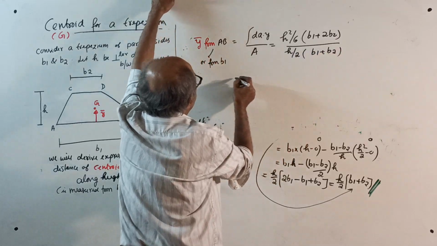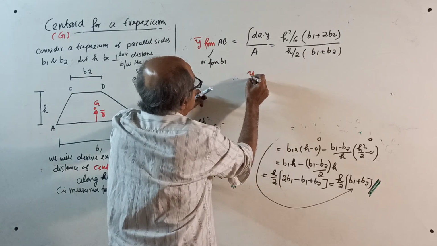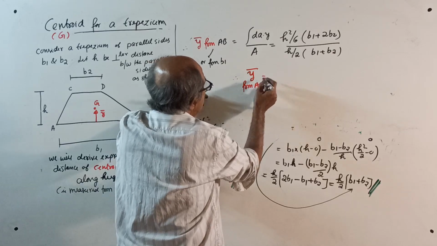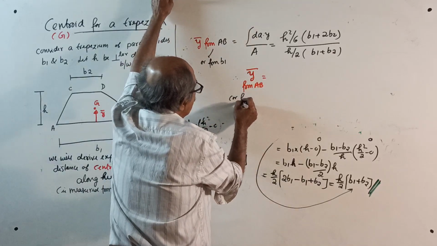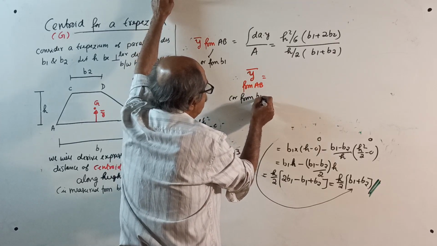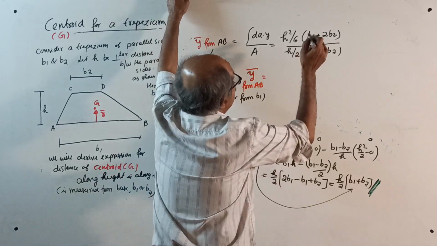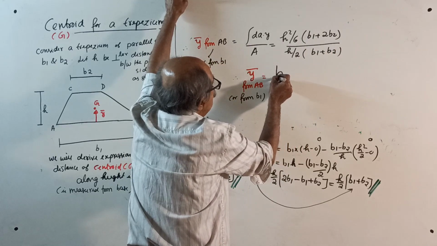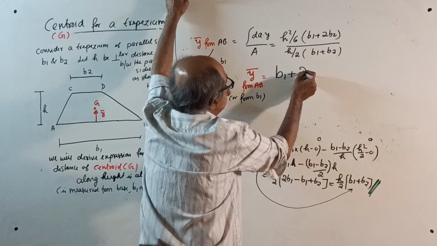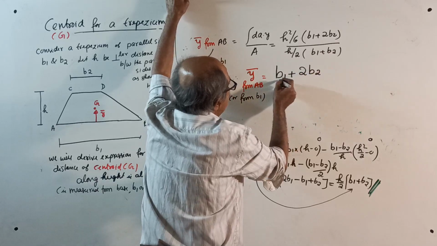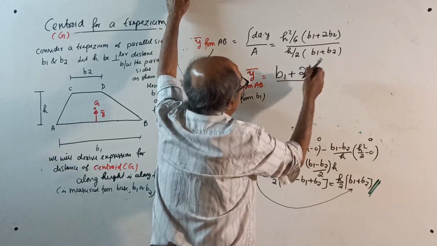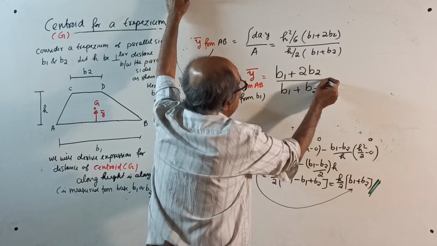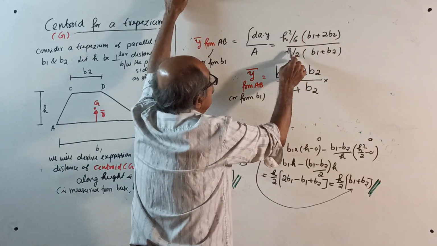So y bar from parallel side B1 equals (B1 plus 2 times B2) divided by (B1 plus B2), into h square by h, which is h.